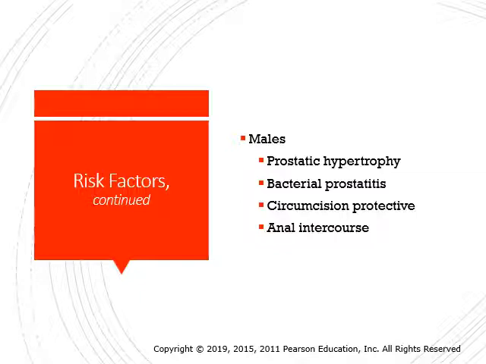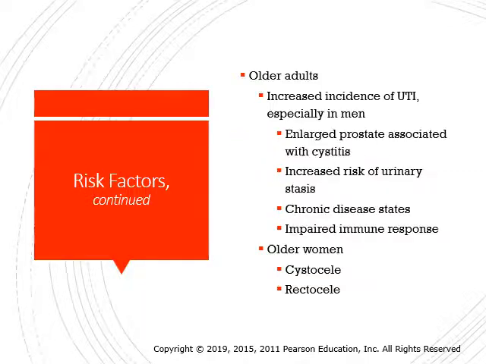Circumcision is thought to be protective of the male genitalia, but it also needs to be appropriately cleansed. Hygiene is important even for males, especially in uncircumcised males. And then anal intercourse also places males at increased risk for the transfer of bacteria from the rectum and the anus to the urethra.